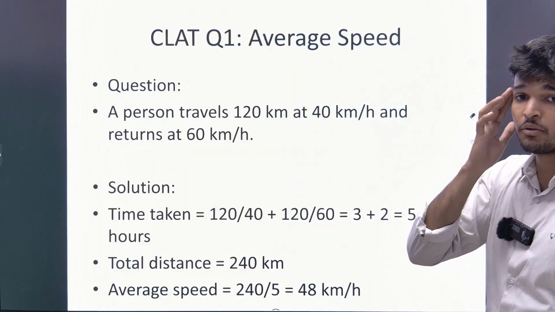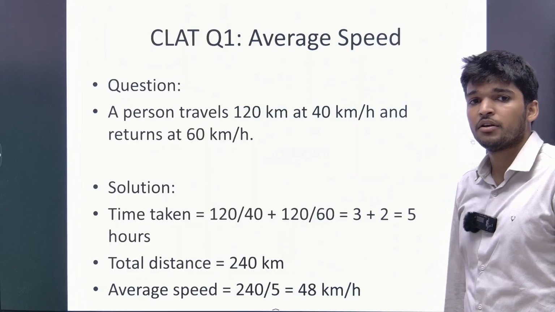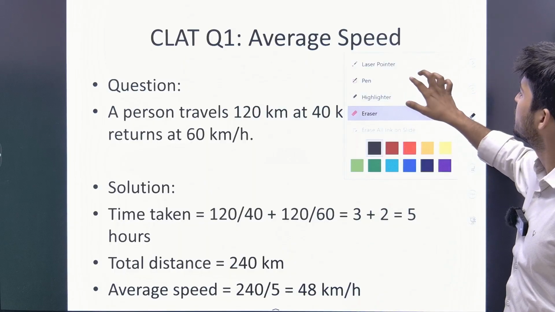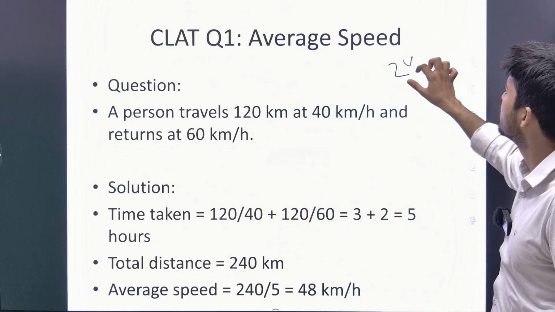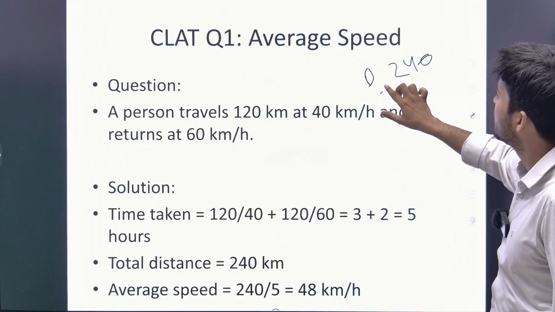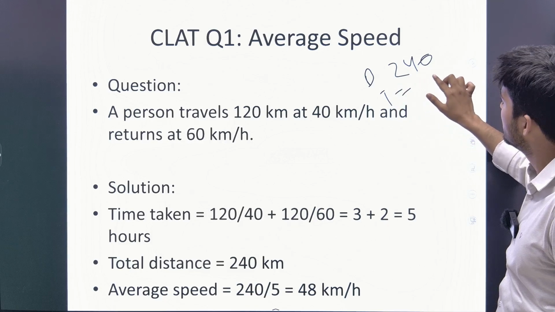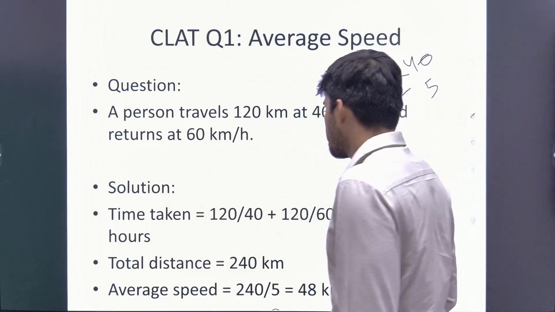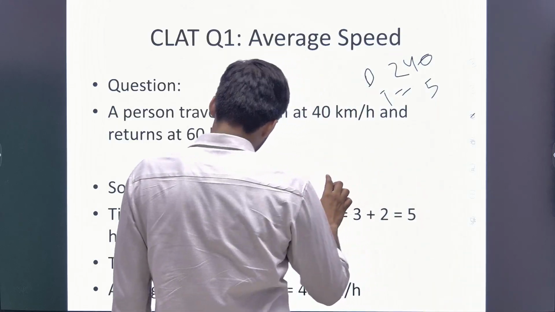We also have to calculate the average speed of the train. Now we know the total distance, that is 240. We know the total time, which is 5 hours. So the formula of average speed is total distance upon total time.